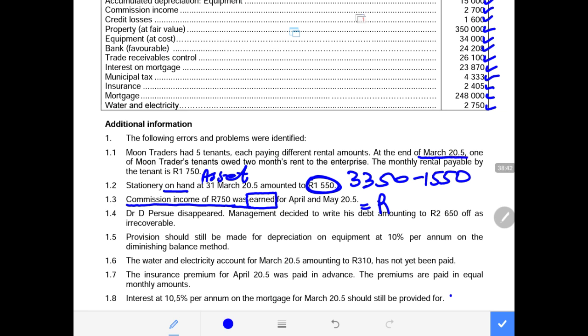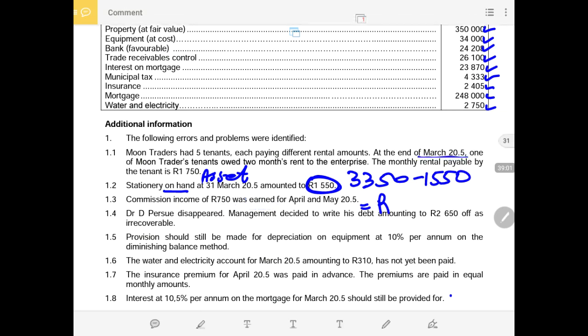So now that means commission income 750 was earned for April and May. So now that means out of this case commission earned, it does not necessarily mean we have not received. It's something that we're supposed to have, something that was due to us.